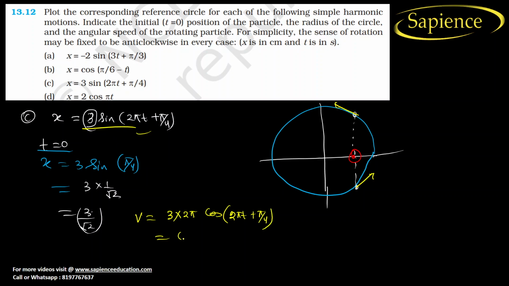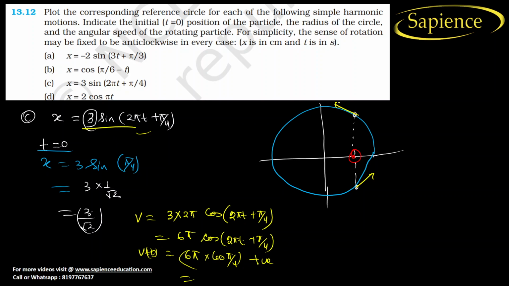So this will be 6 pi into cos 2 pi t plus pi by 4. Now at time t is equal to 0, we have to put 6 pi cos pi by 4. If we calculate the value, we will get positive.